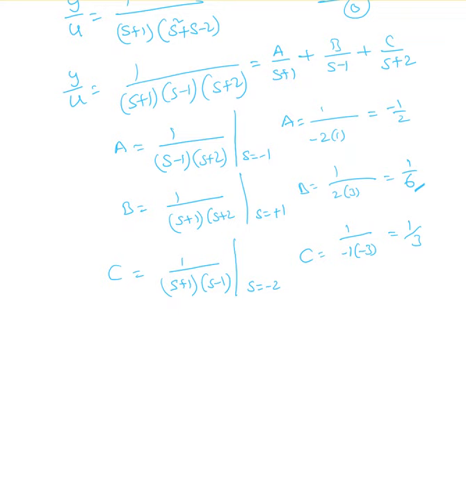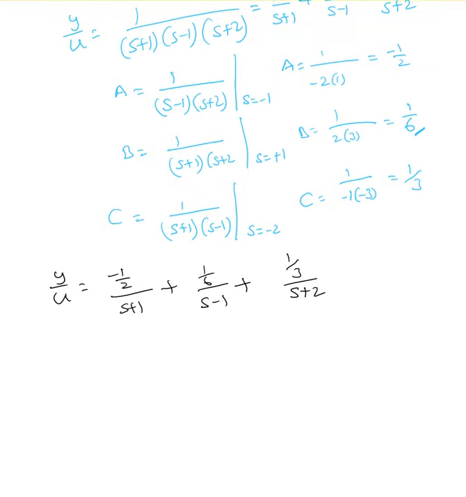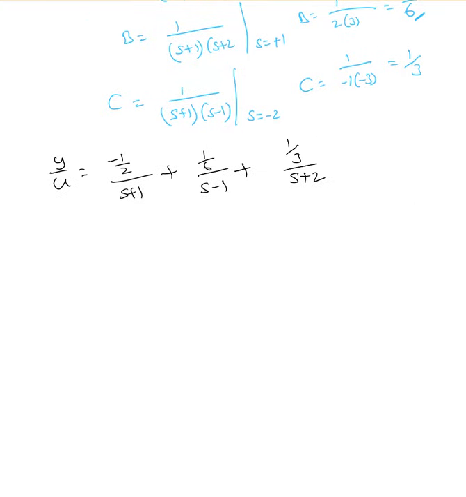Okay, now I have all the individual terms. So y over u equal to minus 1 over 2 times s plus 1, plus 1 over 6 times s minus 1, plus 1 over 3 times s plus 2. Now I'm going to draw the simulation diagram.